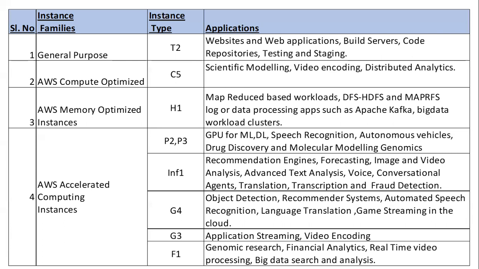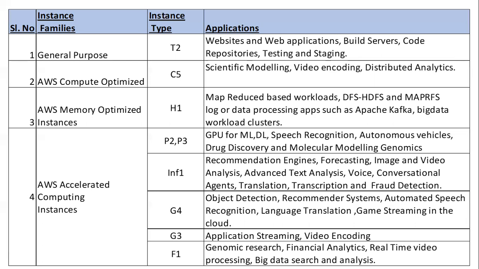This is mainly used for MapReduce based workloads, distributed file systems like HDFS or MapRFS. You can also use this to process log data or other data processing apps such as Apache Kafka, big data, workload clusters.